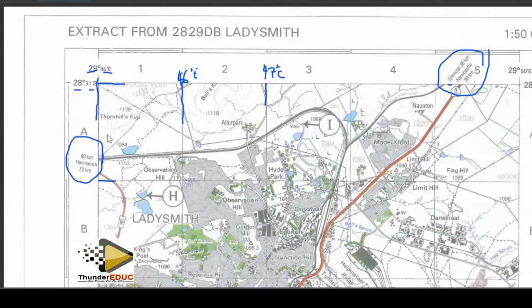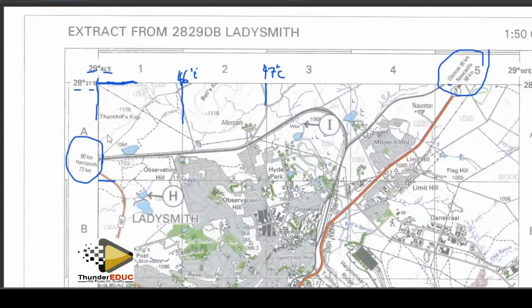So what coordinates do we want? We want 28 degrees of latitude and 31. 28 and 31 is along this line. Remember, we pick our coordinate from the northwest corner. So we want to see where it interlinks with our line of longitude, because our latitude, we have seen that 28 degrees and 31 minutes to the south is along this line, the first line of the northern edge of our map. Then we want to identify the longitude, which is 29.47.